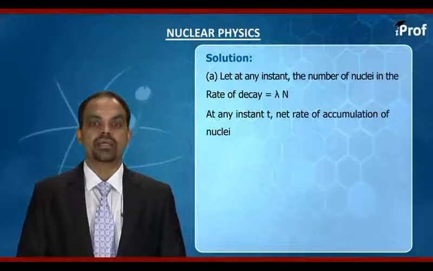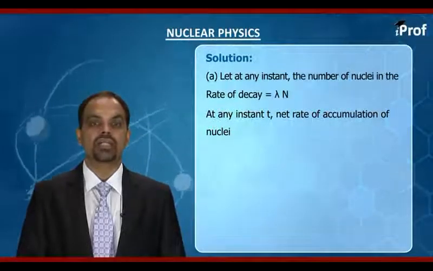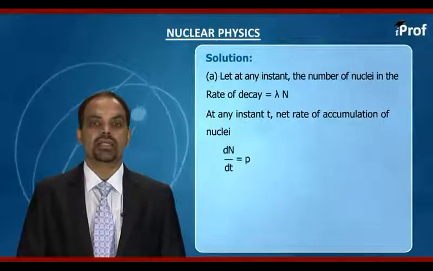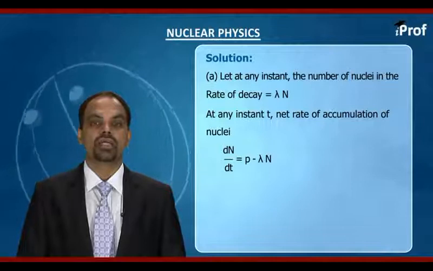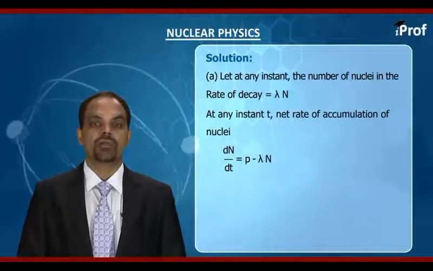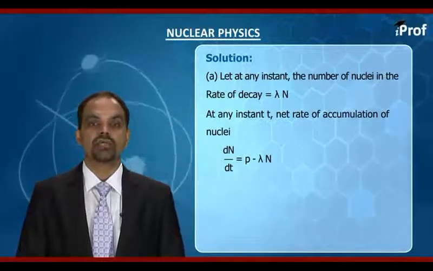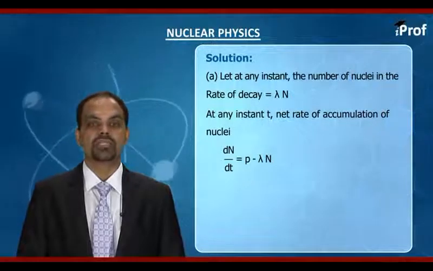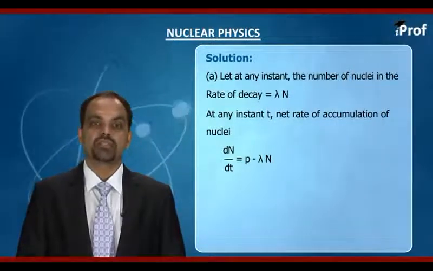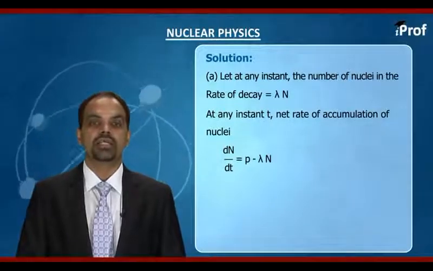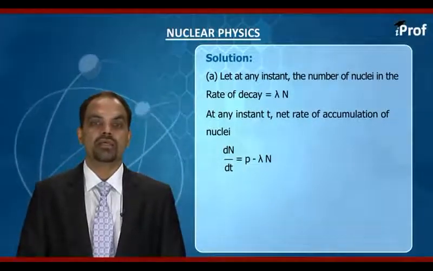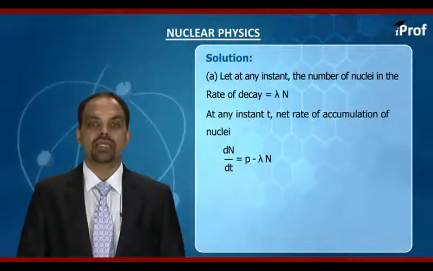Now at any instant, net rate of accumulation of nuclei dN by dt, here dN by dt represents rate of accumulation of nuclei. Now we are given in the problem that radioactive nuclei are being produced at a constant rate P. So our relevant differential equation will be dN by dt is equal to P minus lambda N.